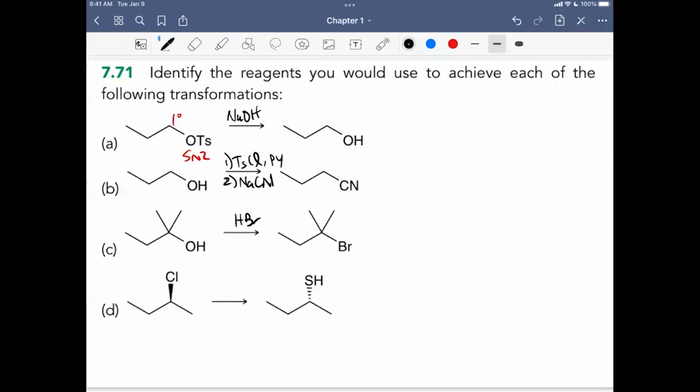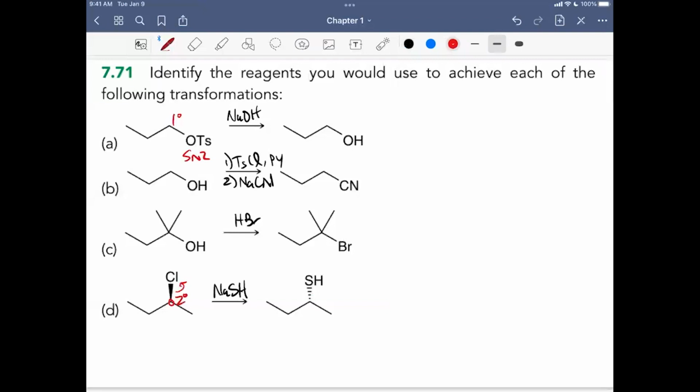This next one is just pretty straightforward. It's a secondary chlorine, and it changes into sulfur with an H there. So you can just do NaSH because it's just a simple SN2 synthesis.